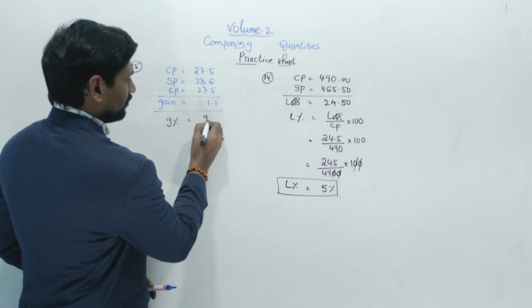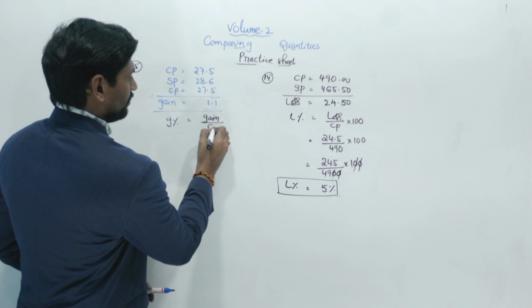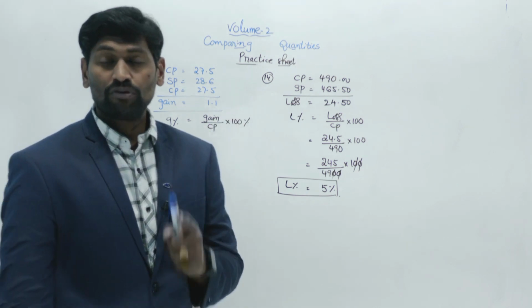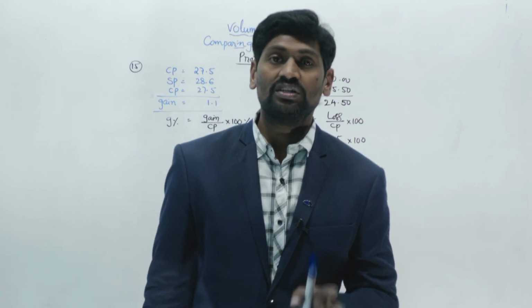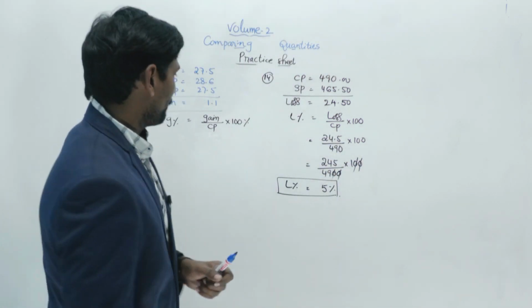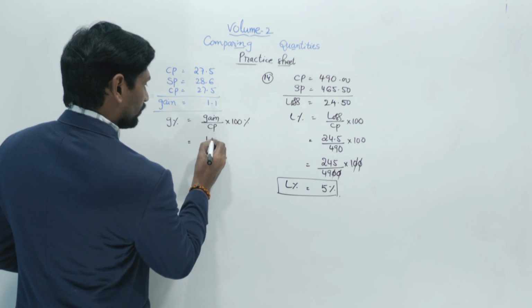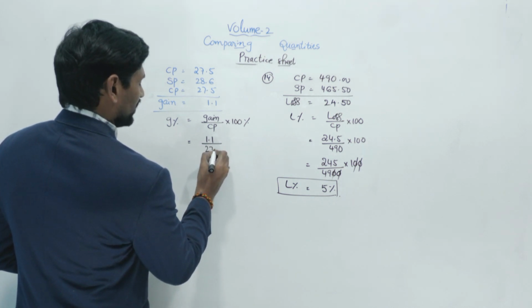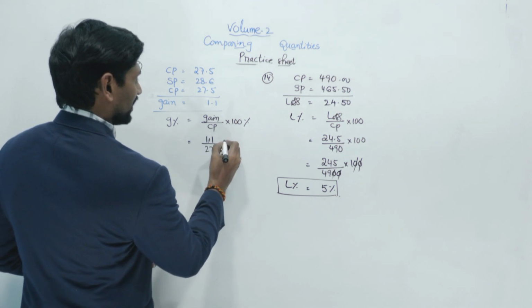Now find gain percentage. What is the gain percentage formula? Gain by CP into 100, because profit or loss both depend on cost price. Gain value 1.1, cost price is 27.5. Here the point cancels.